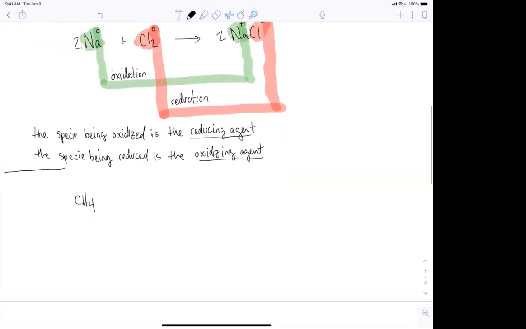So let's take methane. This is a super common reaction. We take methane and we mix it with oxygen, and heat it enough, it will combust. This is a combustion reaction.